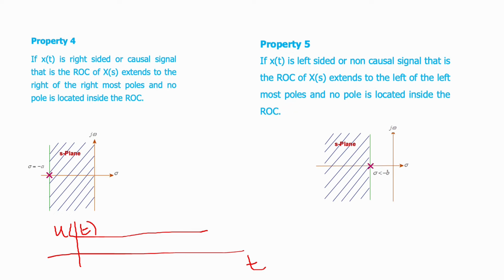Then the ROC of X of s extends to the right of the rightmost pole, and no pole is located inside the ROC. This is the sigma j omega plane. The poles are located only on the left side of the ROC. If sigma equals minus a, that is, the pole is at minus a. If the pole is at plus a, you will get it like this. This is sigma, this is j omega.